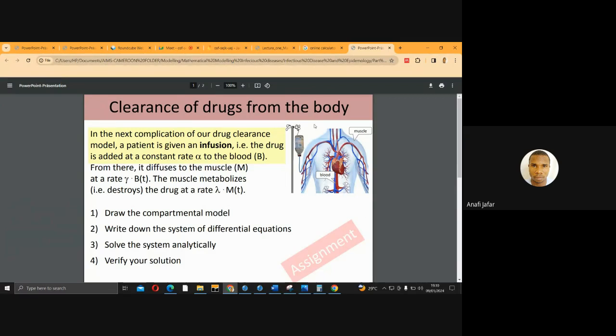The drug is added at a constant rate alpha to the blood B. From there, it diverges to muscle at the rate of gamma, and there it is metabolized, that is, the drug is destroyed, at the rate of lambda. The first question they ask is: draw the compartmental model, write down the differential equation, solve the system analytically, and verify your solution.